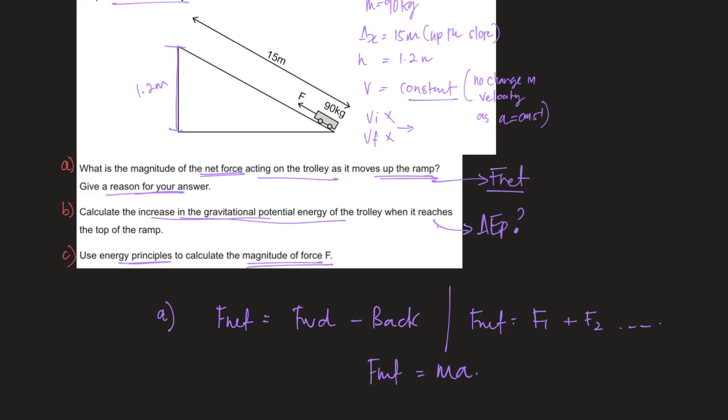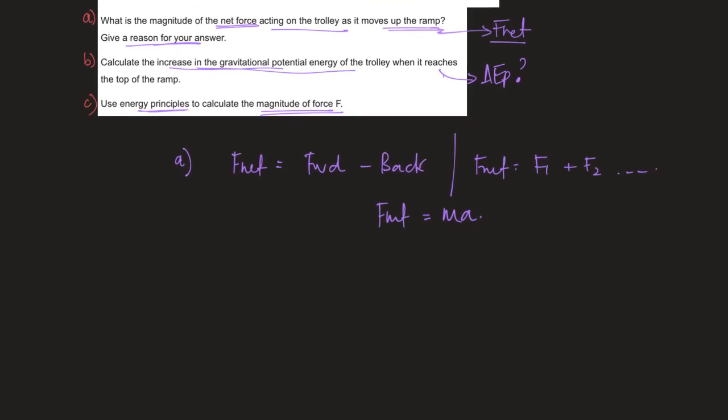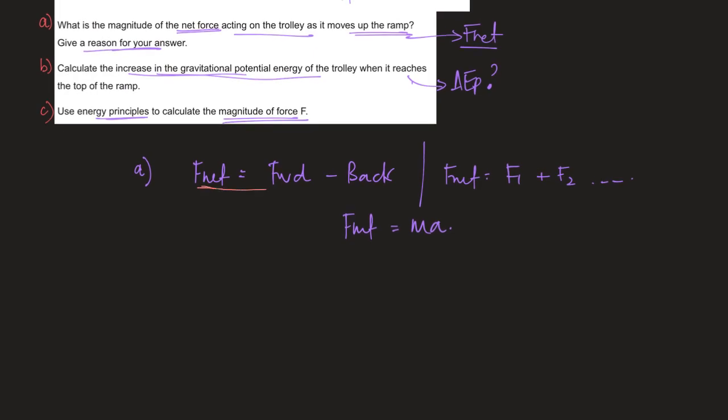Now in the first one, I have the backward force, which means I have friction, but I'm not sure what my forward force is. So that's not a very useful or helpful formula, so I can't use that.